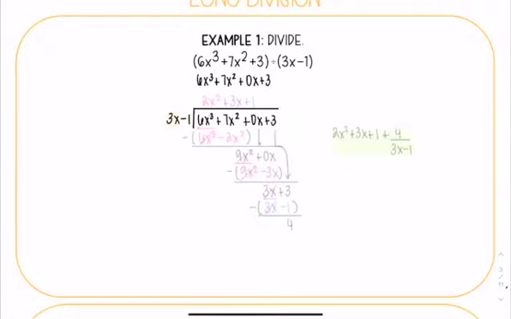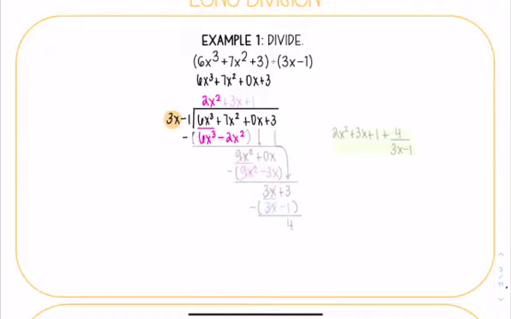So now that I've done that, we will be using 3x to always ask the same question. Looking inside, 3x times what would give me 6x cubed? Well, 3x times 2x squared would give me 6x cubed, and negative 1 times 2x squared gives me negative 2x squared.